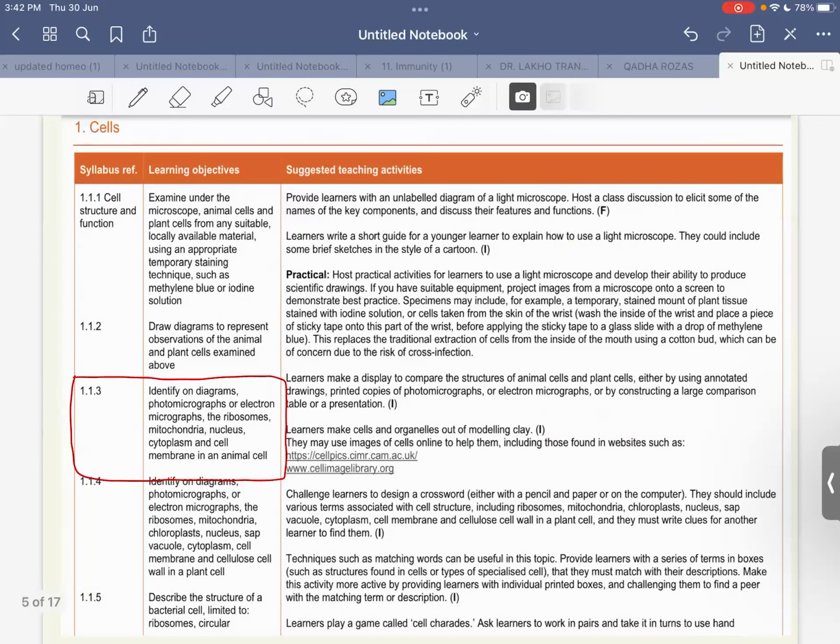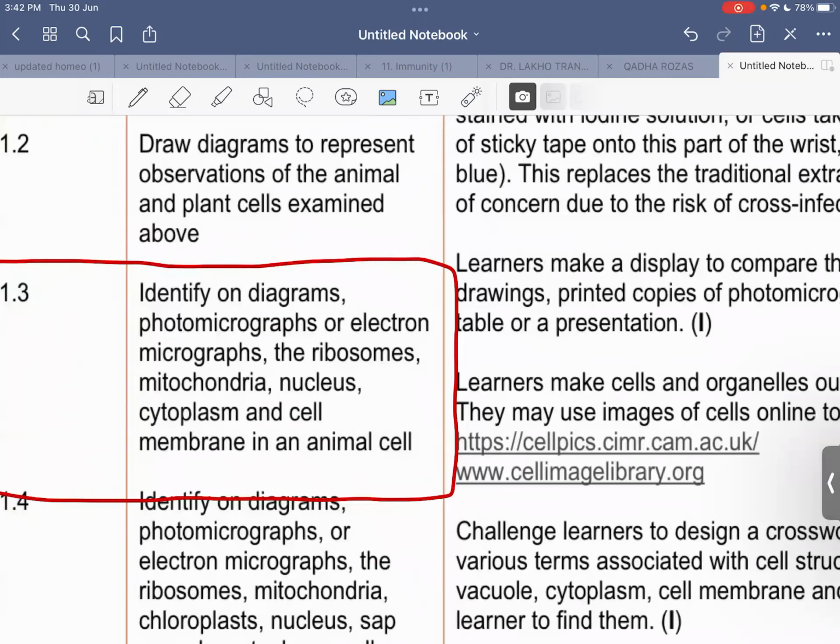Again, in the scheme of work also, you can see that today we will be focusing on identification on diagrams, on photomicrographs, which means the micrographs that have been obtained by taking a picture through the light microscope, and the electron micrographs, to visualize or to observe the structures: ribosomes, mitochondria, nucleus, cytoplasm, and cell membrane in an animal cell.